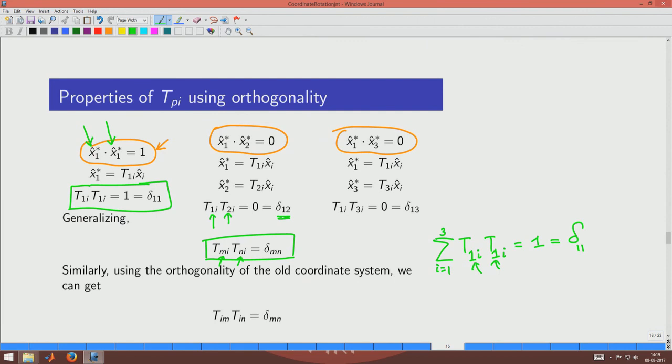But if we do the reverse, that is, we express the orthogonality of the old coordinate system, with the old unit vectors expressed in terms of the new ones, and do the same analysis, then we see that the dummy index is actually in the first position of T. So, we can see that either way we are getting the Kronecker delta on the right hand side.